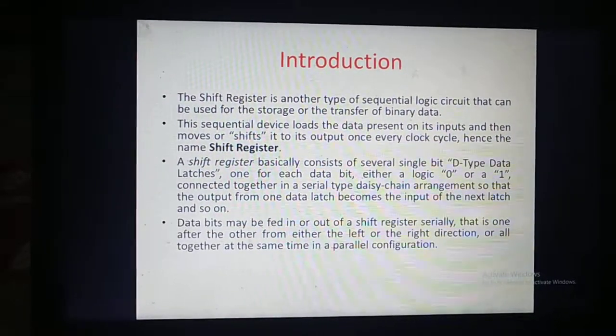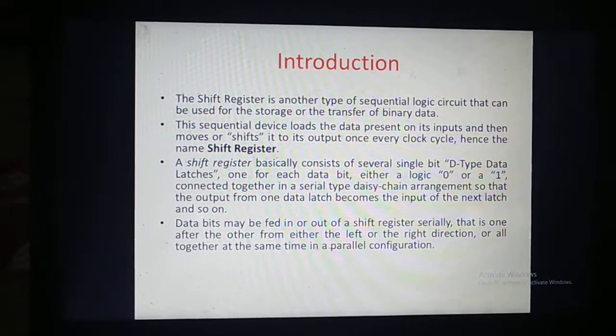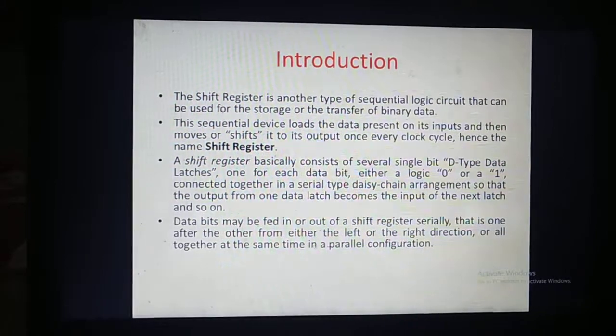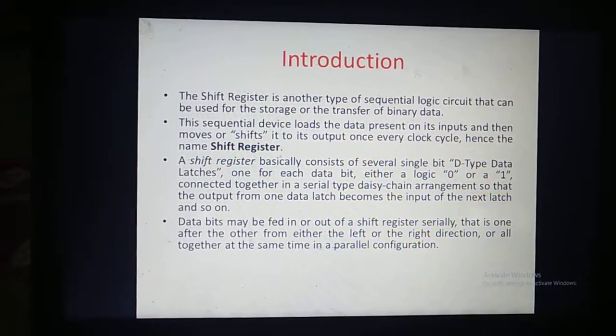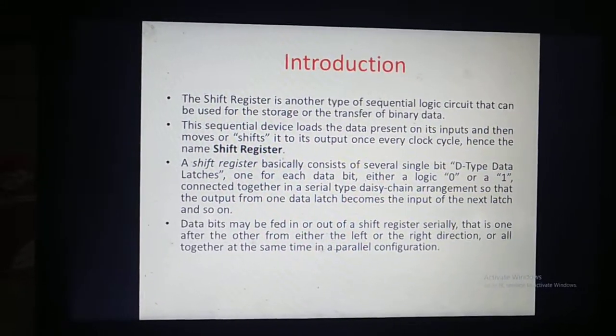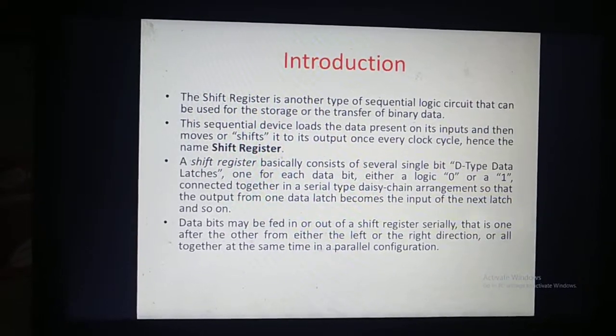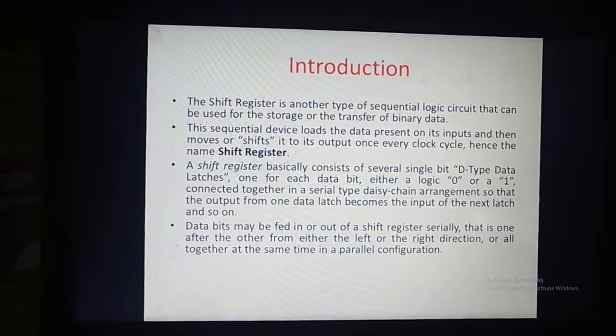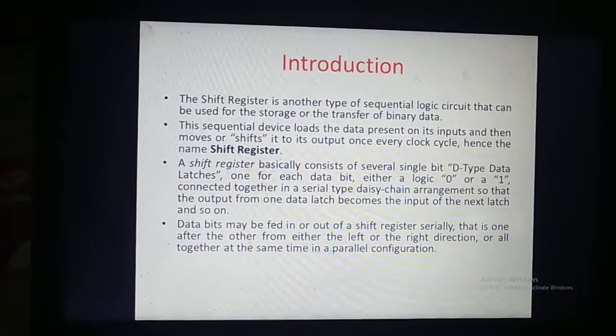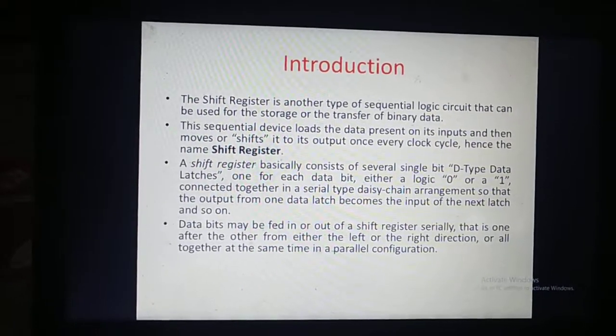A shift register basically consists of several single bit D-type data latches. It means that one D-type flip-flop stores one bit, and for storing several single bits we have several D-type data latches.